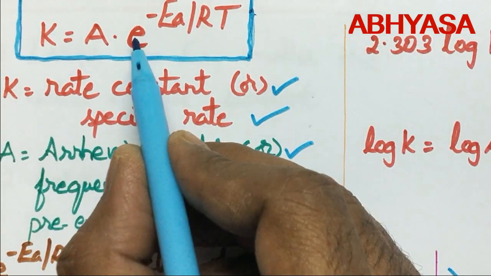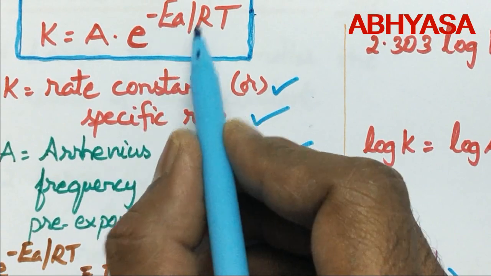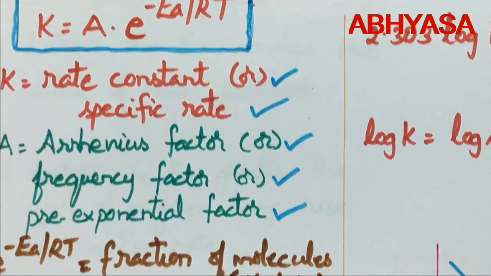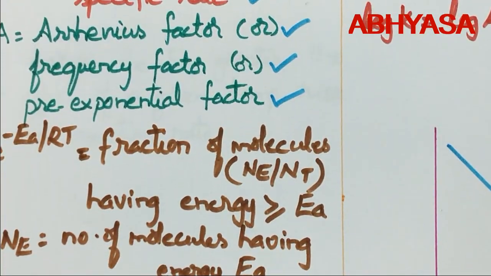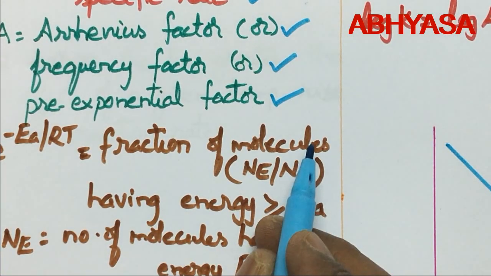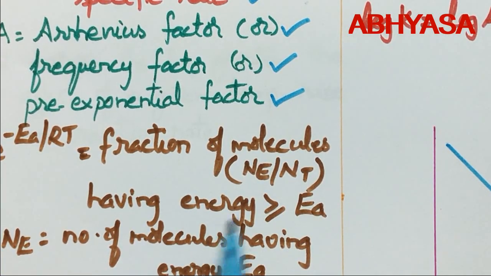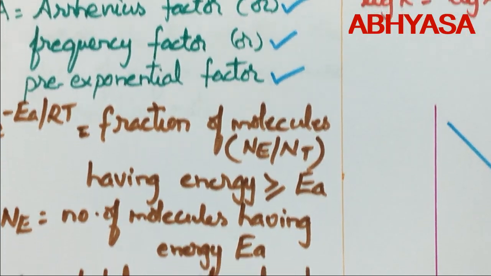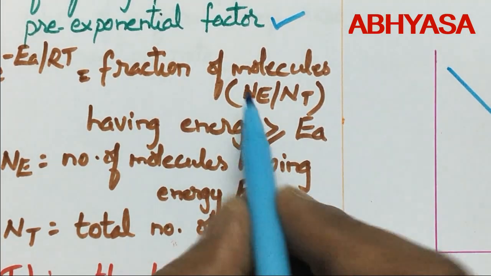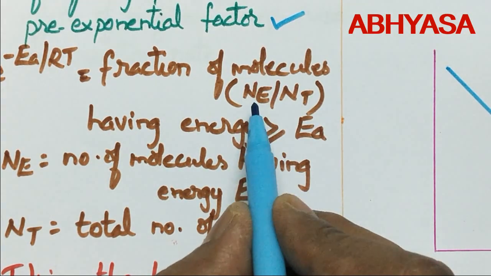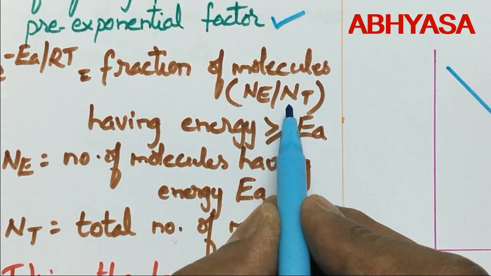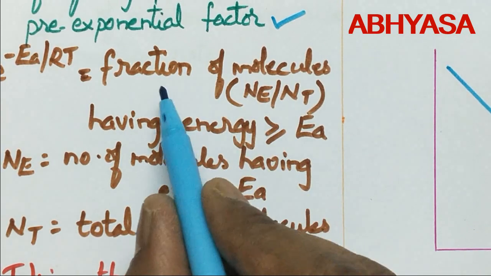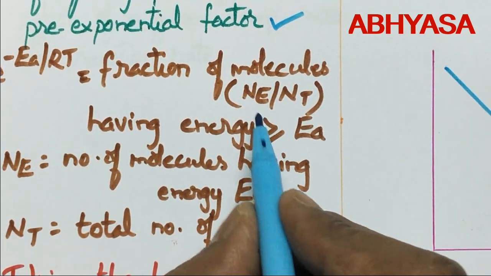Now, what is this term e to the power of minus EA by RT? This indicates the fraction of molecules having energy greater than or equal to activation energy. What is the meaning of fraction of molecules? That we are representing as Ne upon Nt. This also we had learned in the previous video.